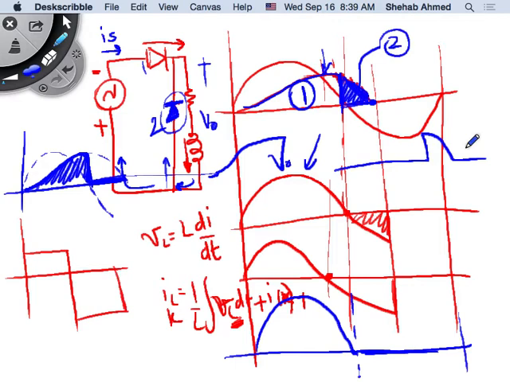So if I asked you to calculate the average power loss in diode 1 versus the average power loss in diode 2, it's different. You would have to find the average value of this waveform versus the average value of this waveform. For example, how would you find the average value of this waveform? You have the equation for current, right?